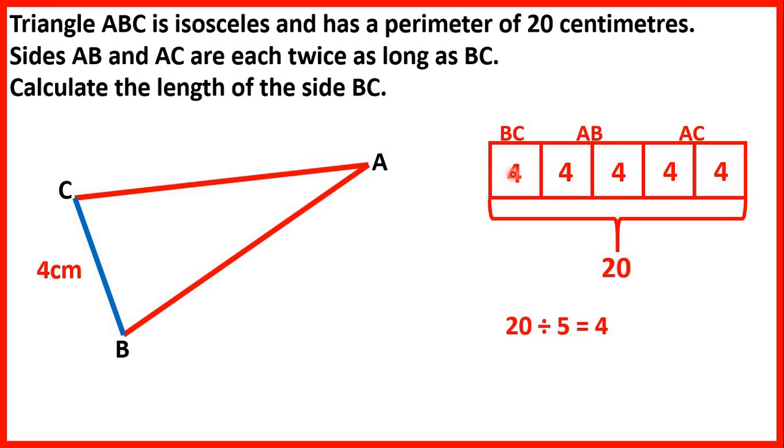So line BC is 4 centimeters, and our other lines AB and AC are both 8 centimeters, because they have 2 bars of 4, and 4 plus 4 is 8. So the side BC is 4 centimeters long.